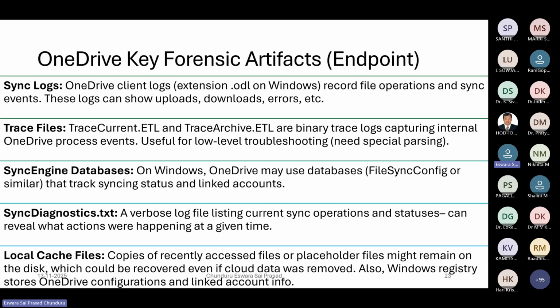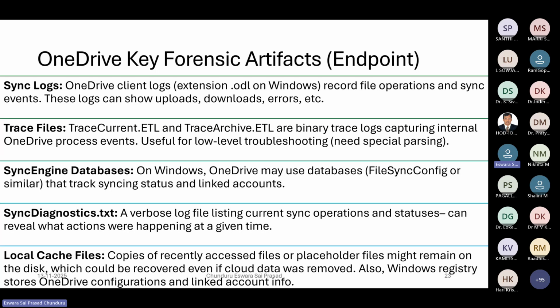And then synchronization engine databases. On Windows, OneDrive may use databases, that is file synchronization configuration or similar configuration files that track synchronization status and linked accounts to the particular OneDrive.